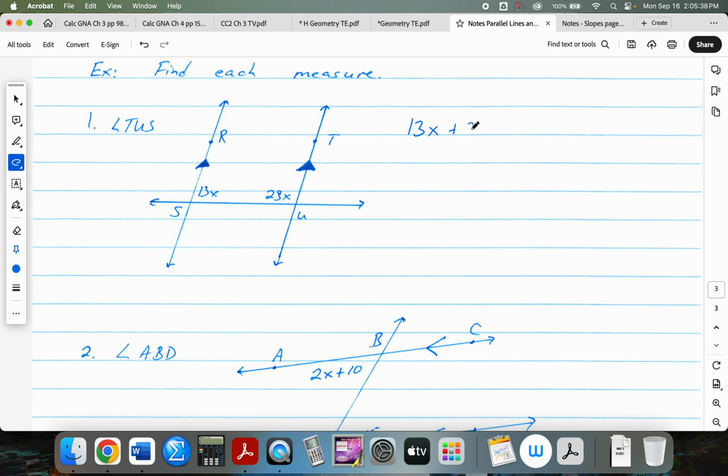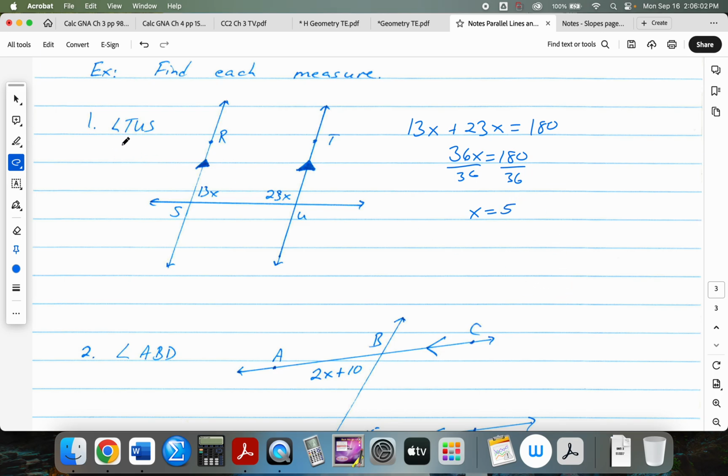13x plus 23x is 180. Group the like terms. That's 36x is 180. Divide both sides by 36, and I get that x is equal to 5.